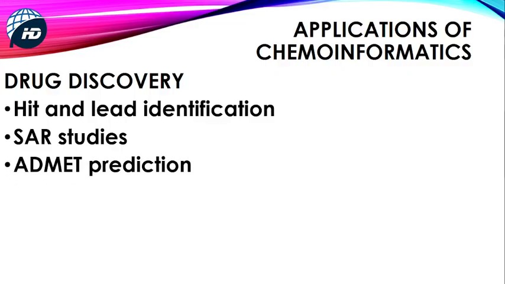We can do ADMET prediction, very important. Do you know that in drug discovery, it is not enough that a compound can cure a disease? It is very pertinent and most important for you to look at the pharmacokinetics of that compound.